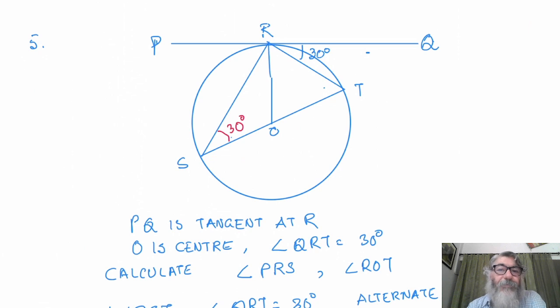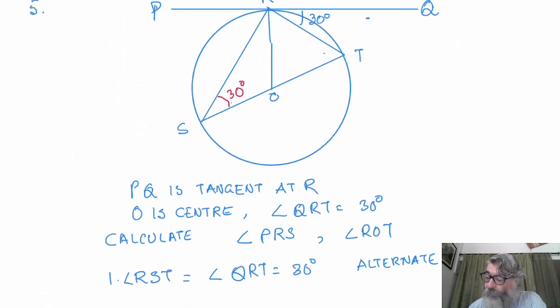So for that, first we found out RST. Now we will find ROT. How do I find ROT?